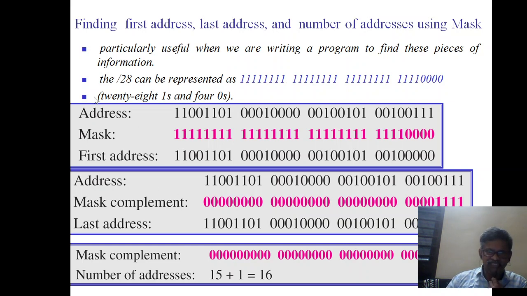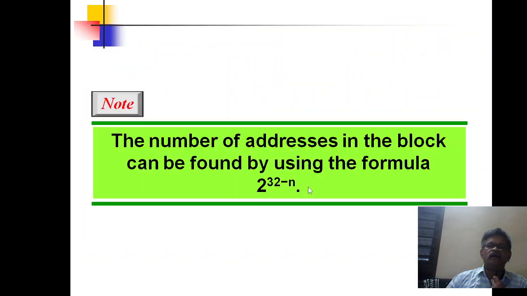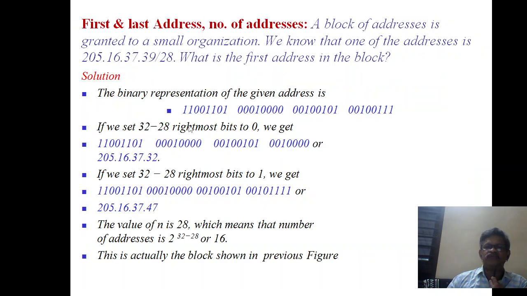Using this /28, the computer will put 28 ones and 4 zeros, and this is the mask. The given address is 205.16.37.39, in binary representation.